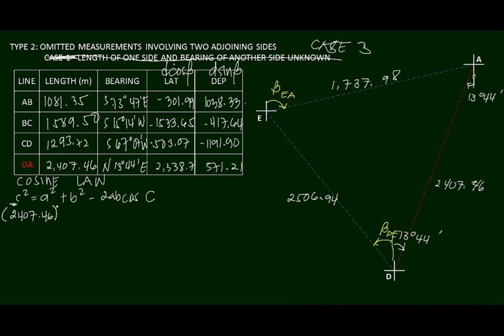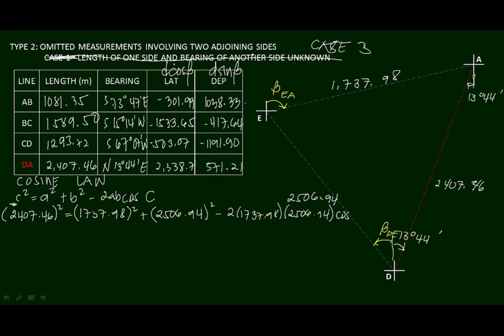That is 2,407.46 squared is equal to, I will use A as 1,737.98 squared plus, my B is 2,506.94 squared minus 2 times 1,737.98 times 2,506.94 times cosine.